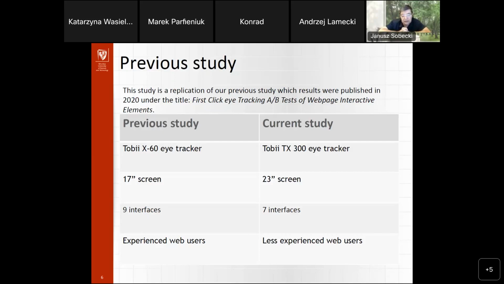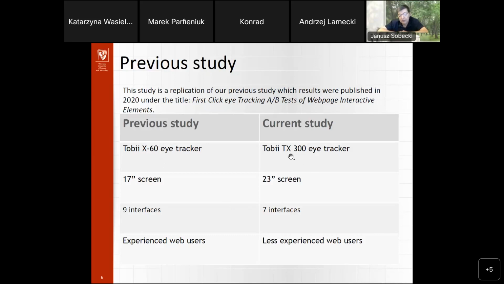As a matter of fact, this kind of low-end eye tracker with 60 hertz of registration is not being produced by Tobii anymore. So they switched the low end to 120.